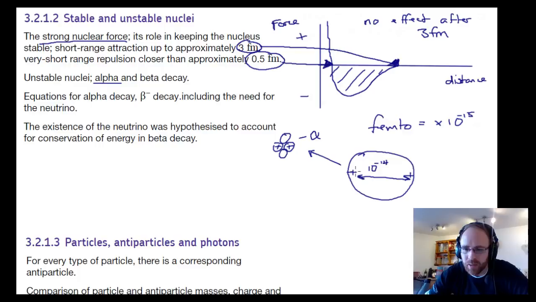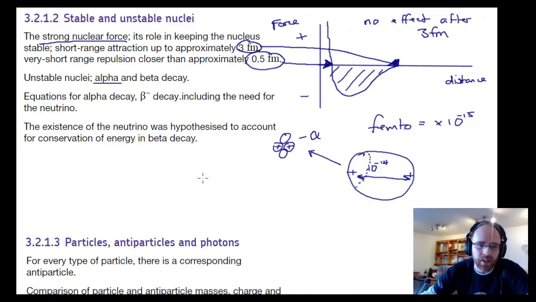All these charged things are pushing against each other, and they're being pulled back in by the strong force. Everything on this side is pushing it away, and only the things in here are pulling it into the nucleus. So things can decay by alpha decay.